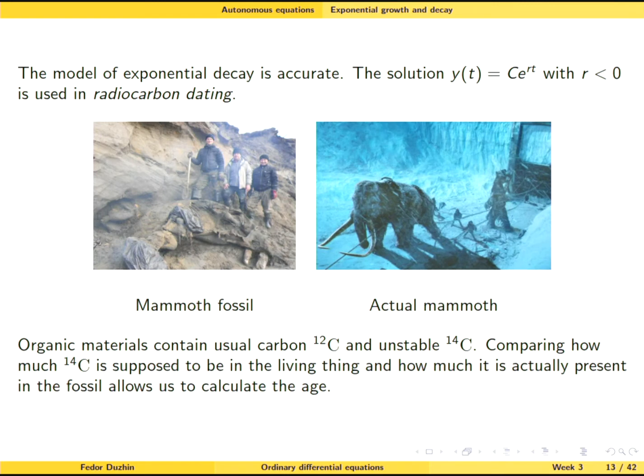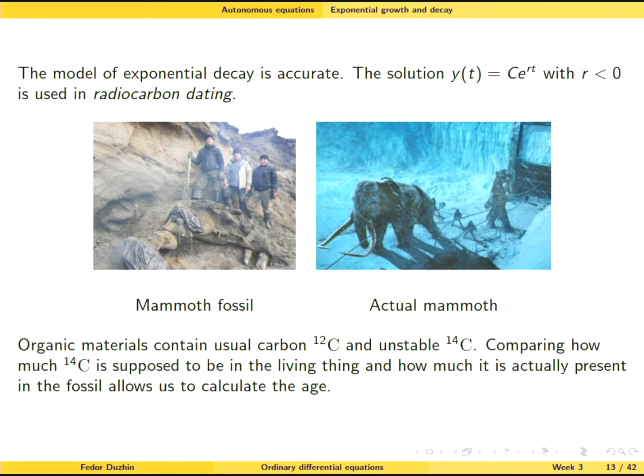So, which means that if some tissue comes from, I don't know, an alive person, then there's supposed to be so much of C14. But if this tissue ages, then this C14 just gradually disappears.